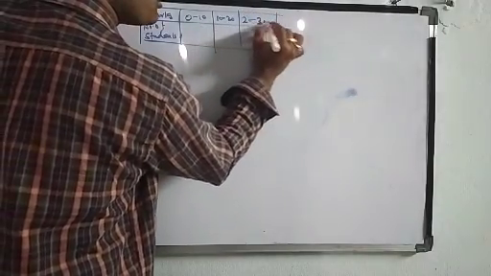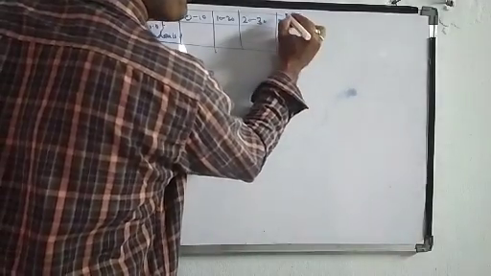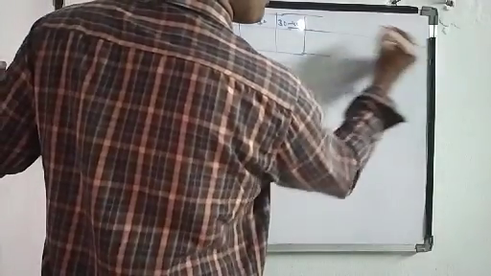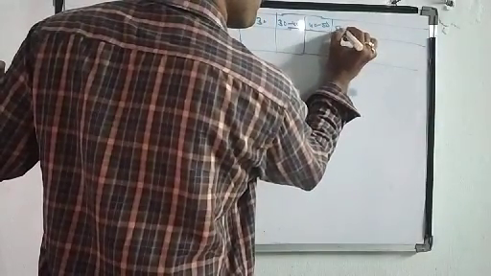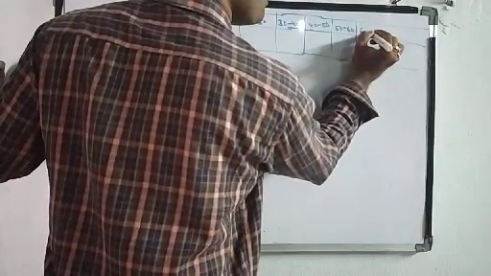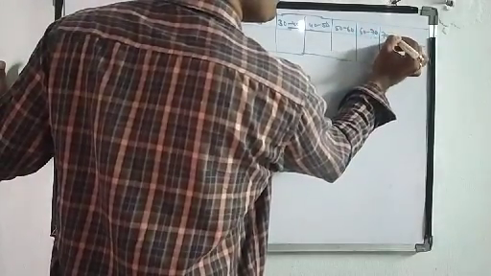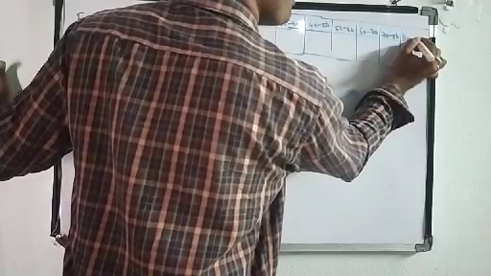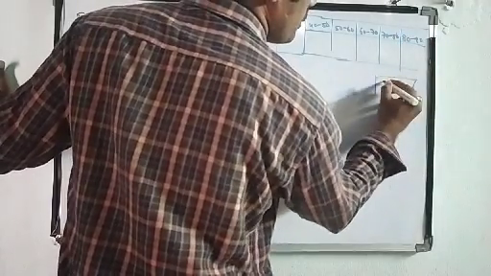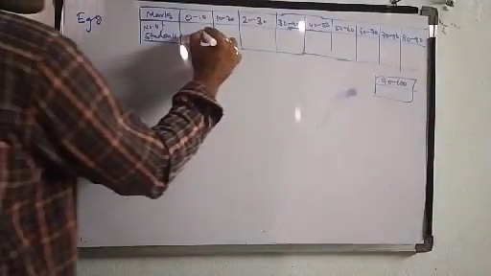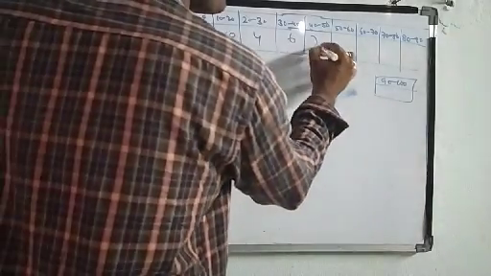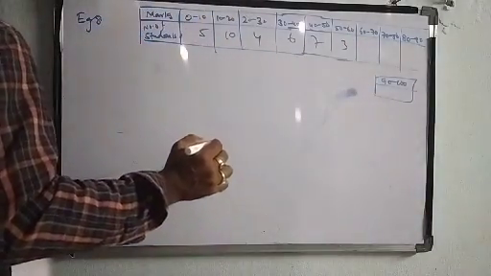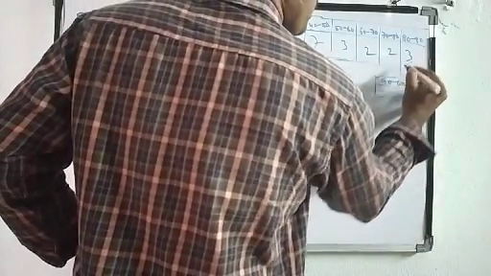Continuous class intervals: 20 to 30, 30 to 40, 40 to 50, 50 to 60, 60 to 70, 70 to 80, 80 to 90, and the last one, 90 to 100. So the frequencies are 5, 10, 4, 6, 7, 3, 2, 2, 3, 9.